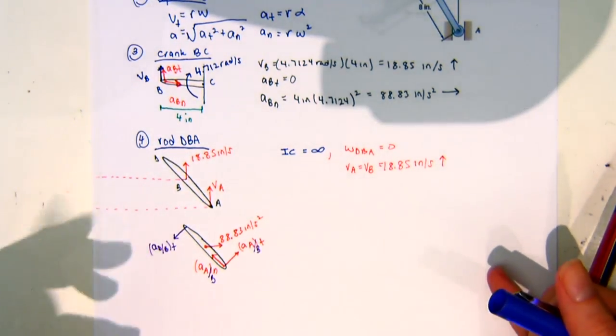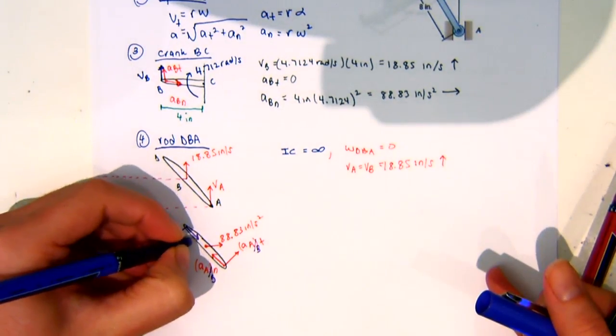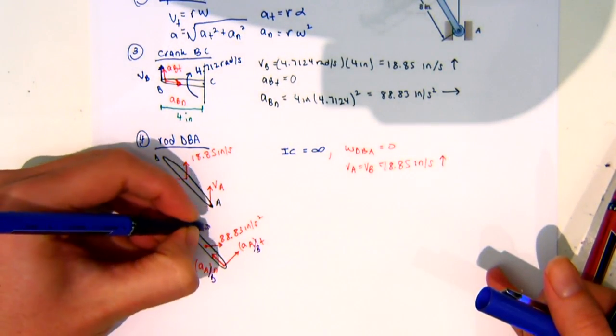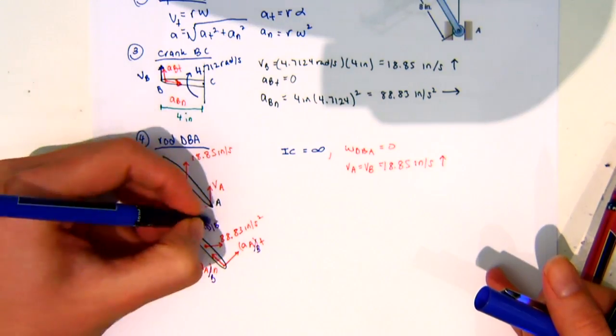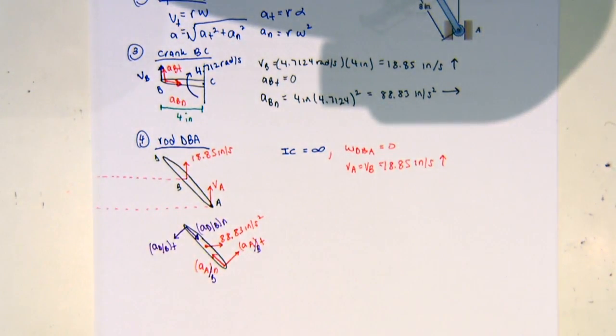So notice how I have it going the opposite way. And then that right there would be AD relative to B normal. Good? So right now I'm just drawing my diagrams.